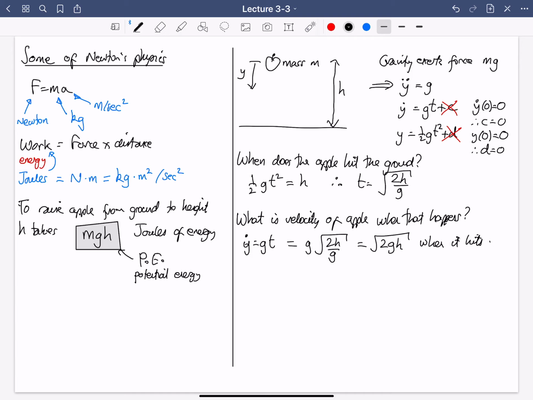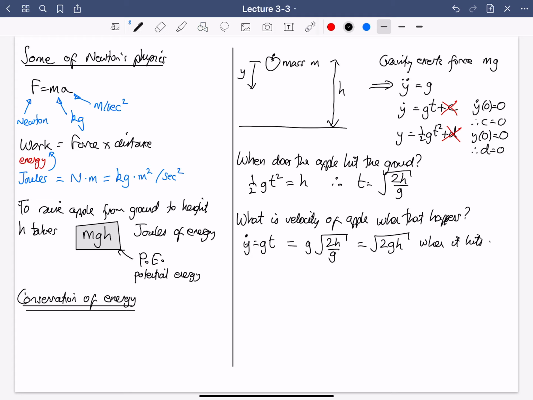So we're kind of getting to one of the very basic fundamental laws in this sort of Newton's physics, which is all about conservation laws. So the law that we're thinking about is conservation of energy. Okay, so energy is conserved.